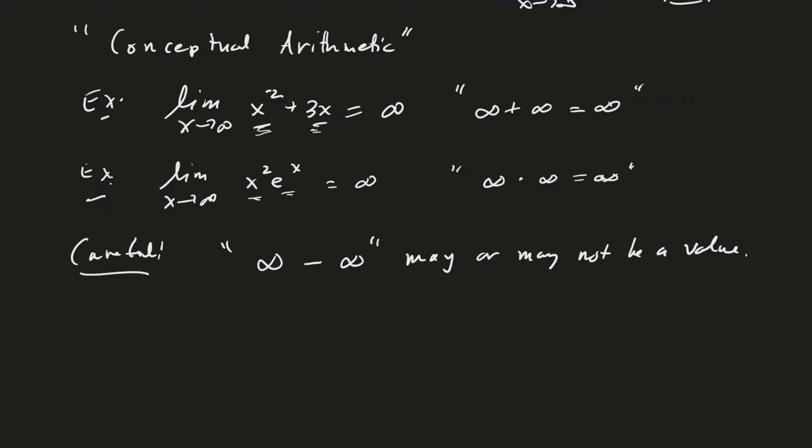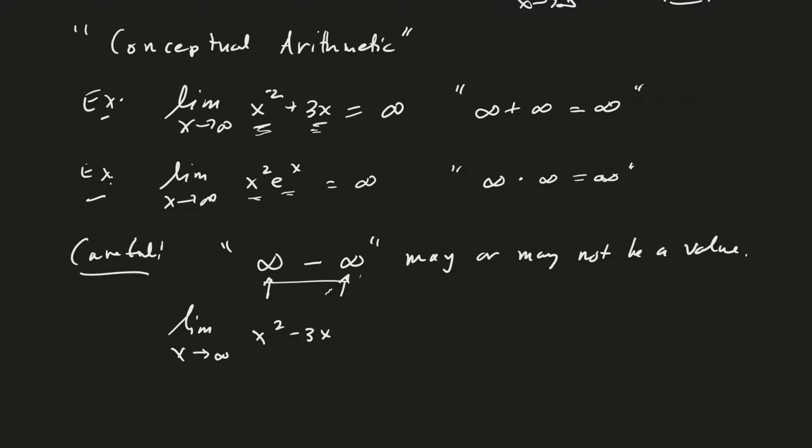It could be infinity, depending on how fast each of these terms is going to infinity, or it may be a number, again depending on how fast things are going to infinity. Just as a quick example, suppose you're taking the limit as x goes to infinity of x squared minus 3x.